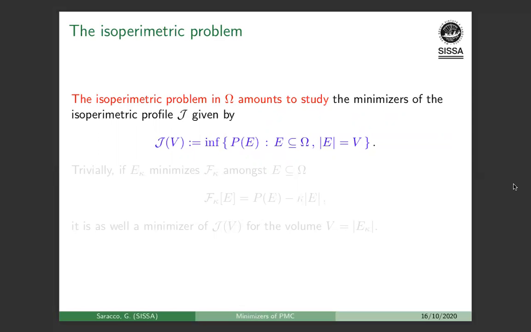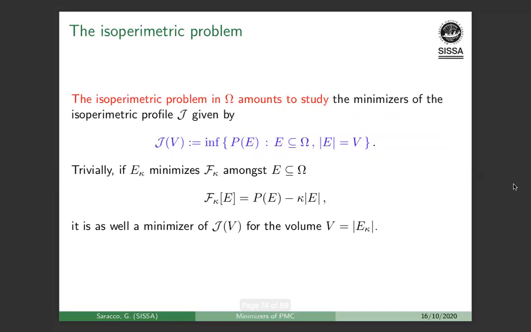Now, as I told at the very beginning of the talk, if you have a minimizer of the prescribed curvature functional, then that minimizer is as well a minimizer of the isoperimetric profile for the volume choice V equal to its own volume.